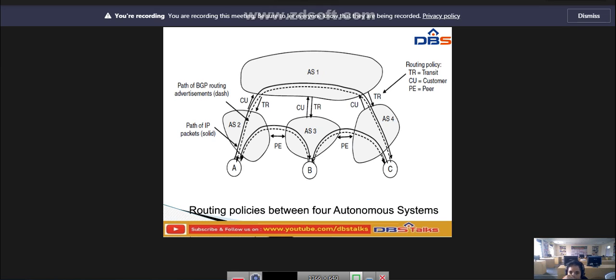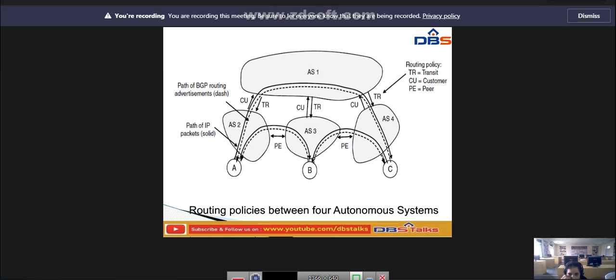Here, TR is transmit, and C is not a control unit, it is a customer. The customer is sending, and P means peer, between these nodes A, B and C. So, the customer is transmitting the data packets from autonomous system A1. The first direction is the solid path of IP packets.